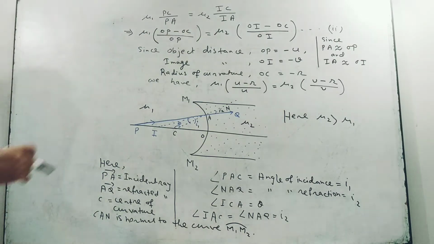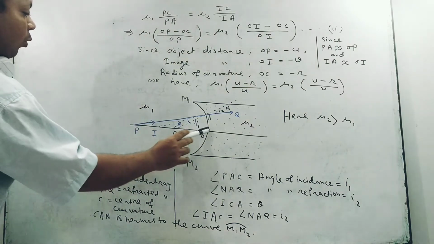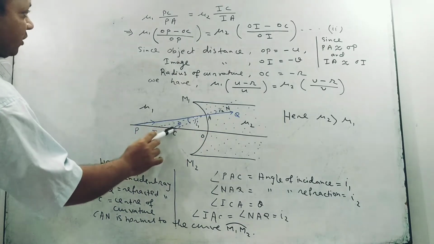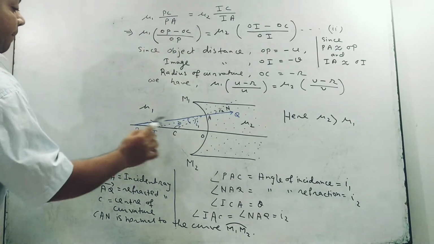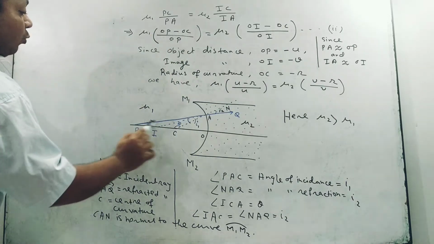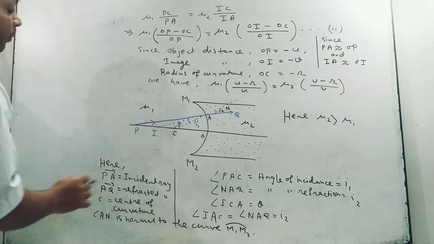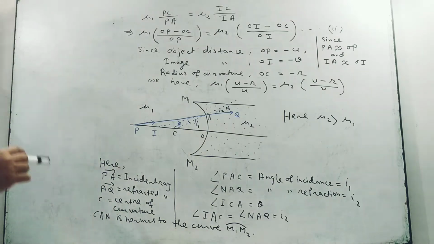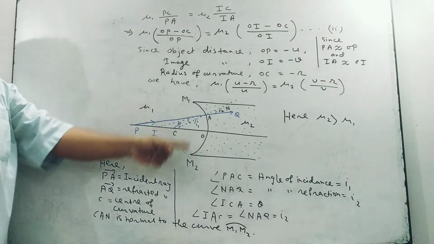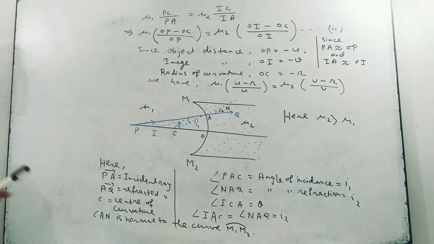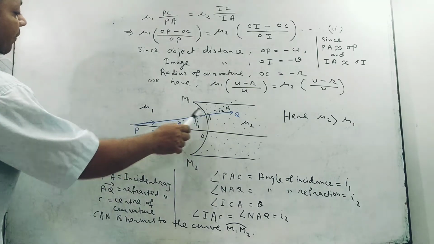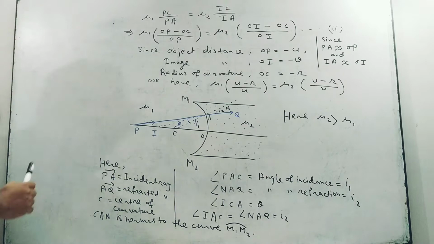We know that PC is equal to OP minus OC. PA is approximately equal to PO because the curvature of the spherical surface is very small.